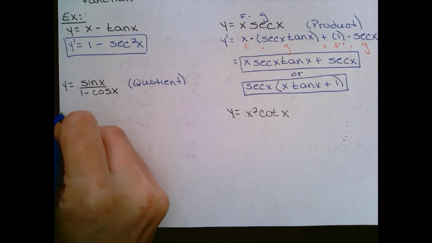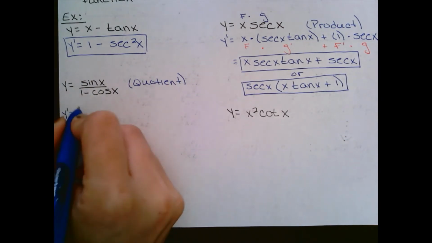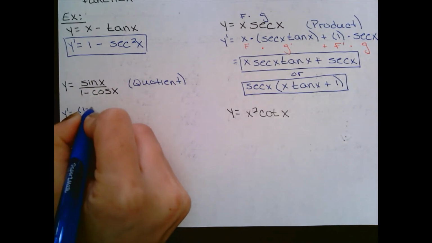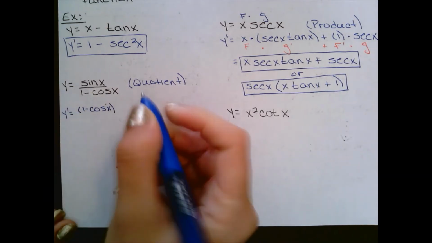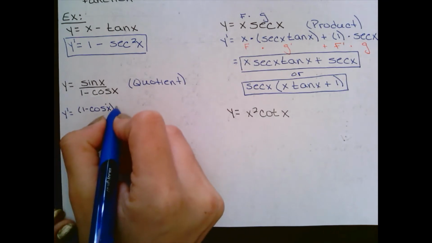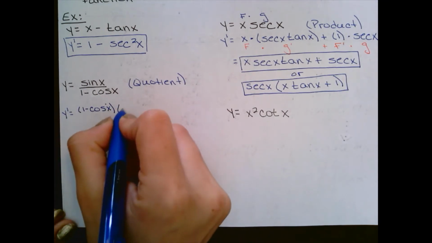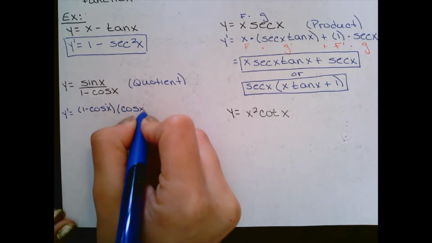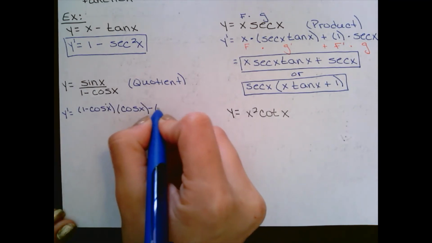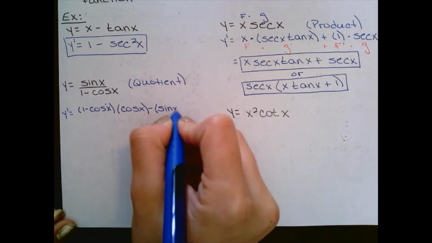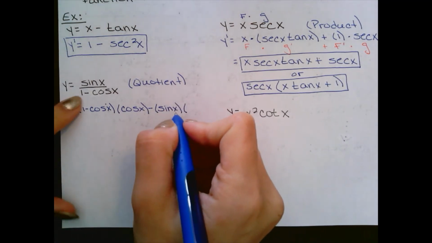So y prime equals low, then d high, derivative of the high, so derivative of sine is cosine, minus high, which is sine, and then d low, derivative of low.